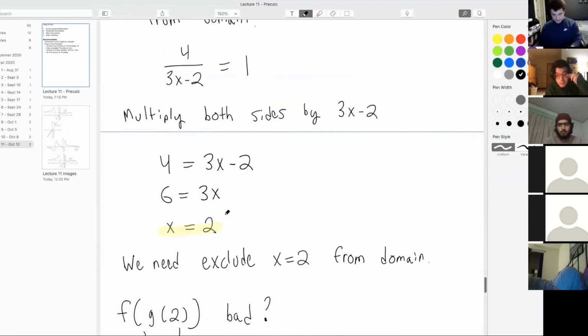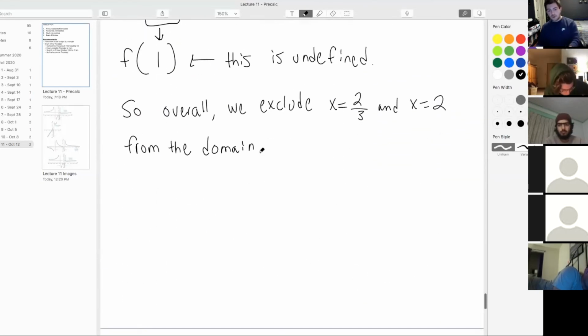All right, there we go. And of course, let's put this in interval notation. We need to write all real numbers except 2/3 and 2. So here's the domain in interval notation.